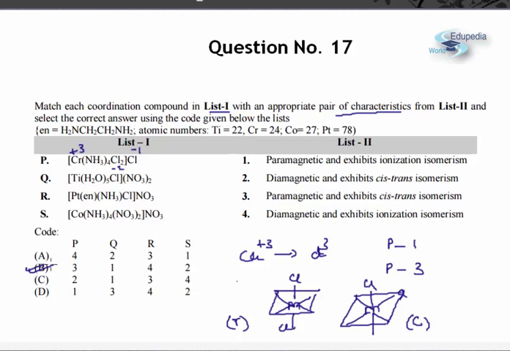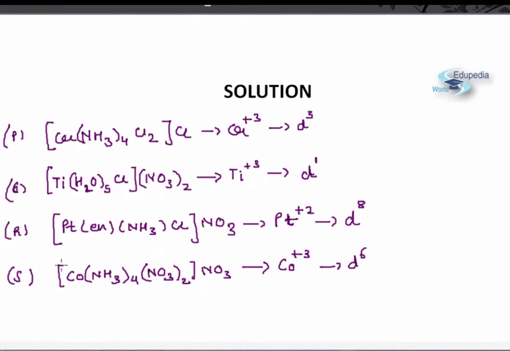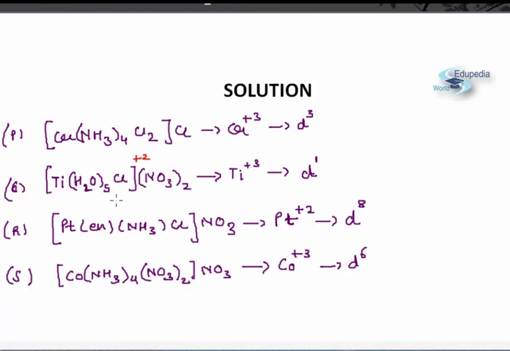I have written the complexes for you on the next page. Your complex Q was [Ti(H2O)5Cl](NO3)2. There will be a charge of +2 on the coordination sphere, because NO3 is -1 and this chlorine is -1. This titanium will be in +3 oxidation state, and titanium in +3 oxidation state is d1.